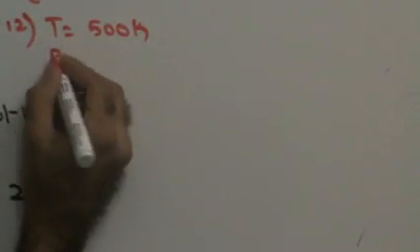A cylinder is filled with hydrogen at 500 Kelvin and exerts a pressure of 1 atmosphere.